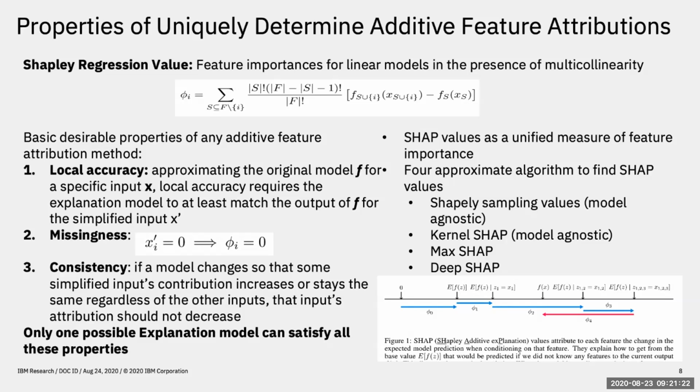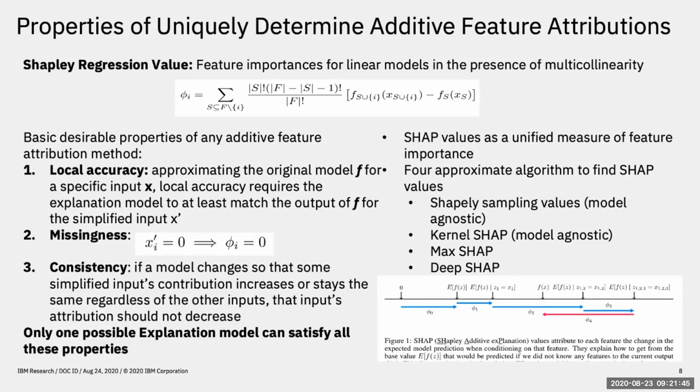Now this SHAP framework describes three different properties that any additive feature attribution method should hold, and the first property is local accuracy, which is similar to the definition of local faithfulness of LIME.